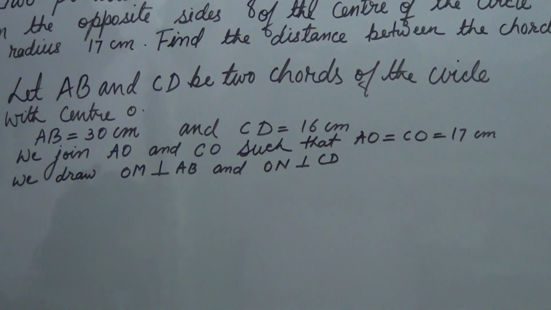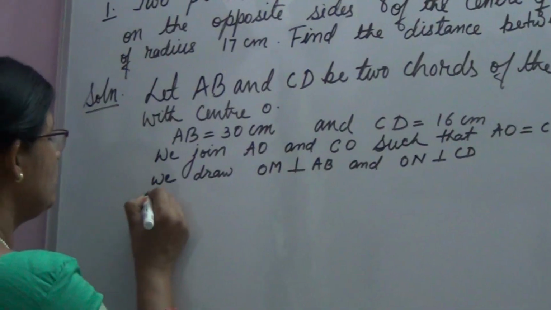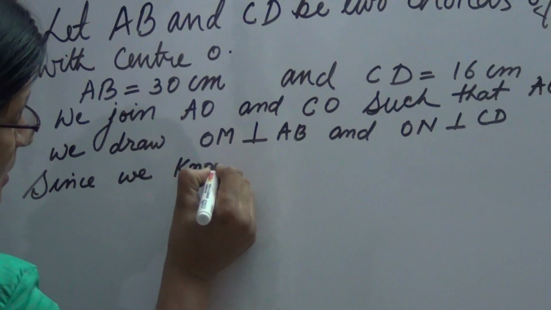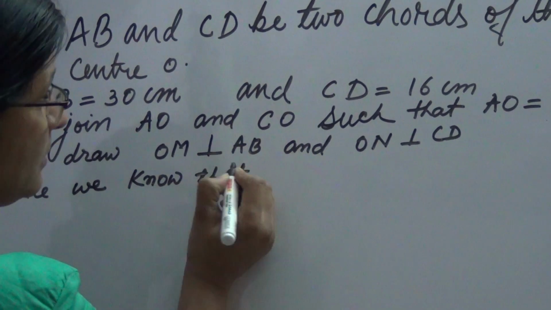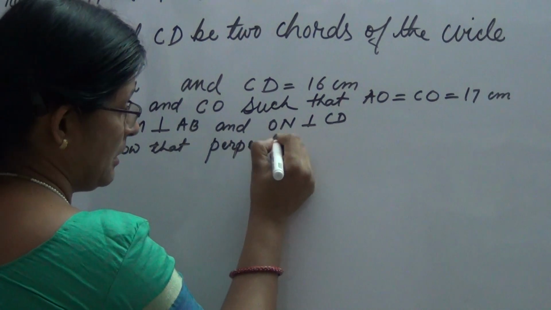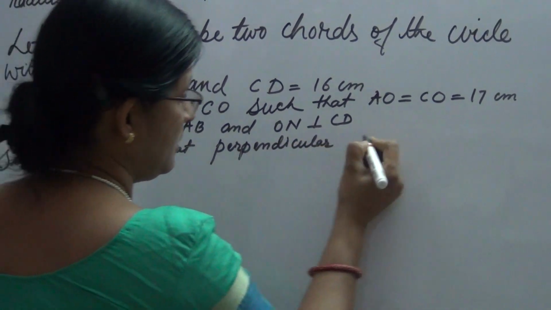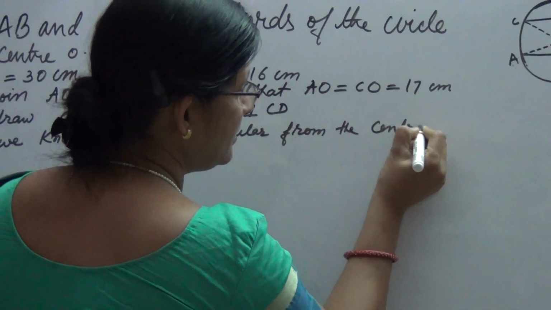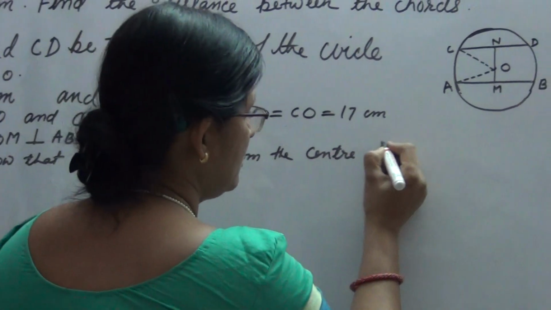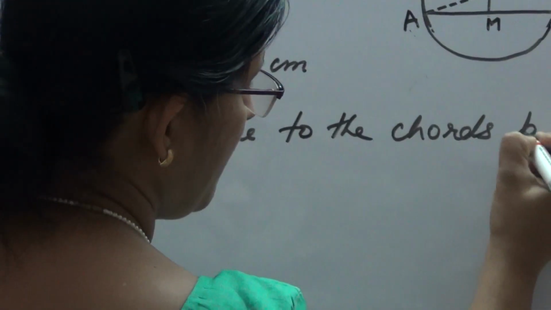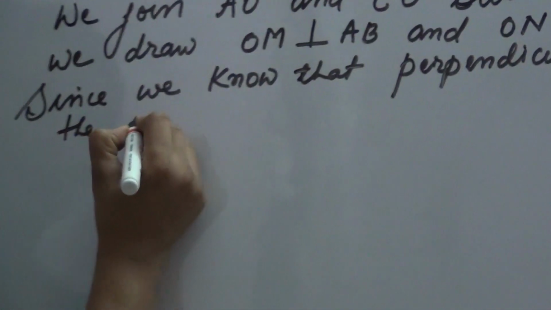So here we can use the theorem, since we know that a perpendicular from the center to the chord bisects the chord.